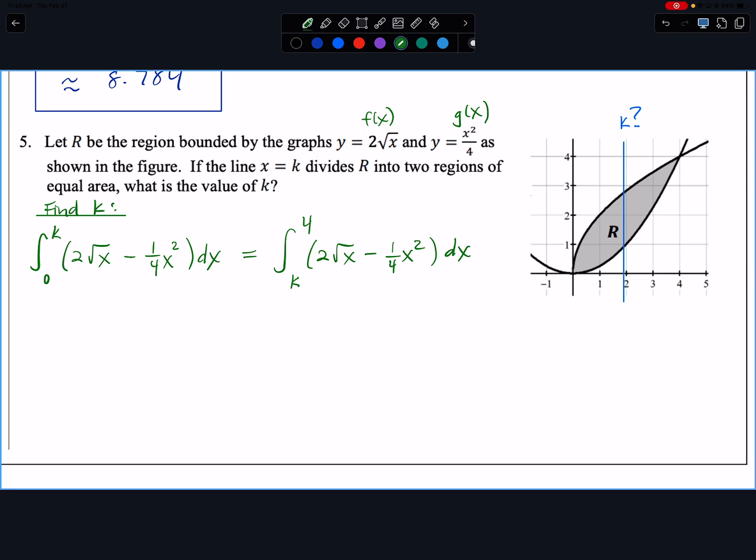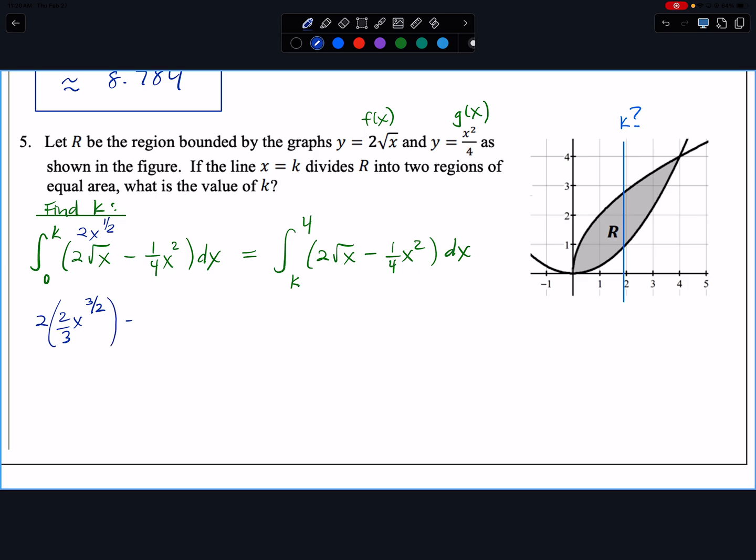Some of you guys have shown me that you can do this one pretty quick because we've done it a few times. Do you guys agree this is the same thing as 2x to the 1/2? So it's going to be 2 times x to the 3/2 over 3/2, but it's the same thing as multiplying by 2/3, right?